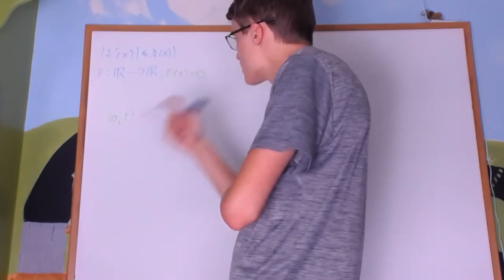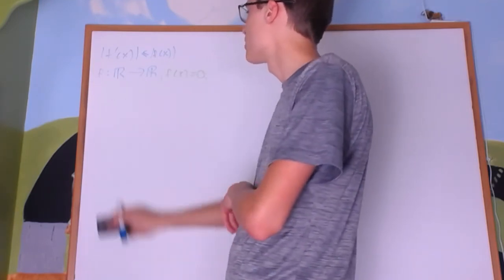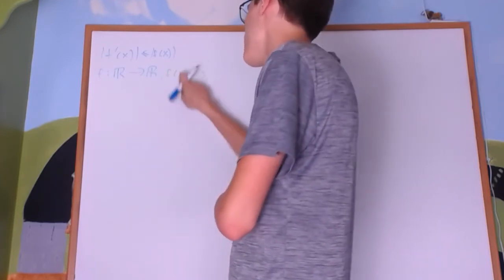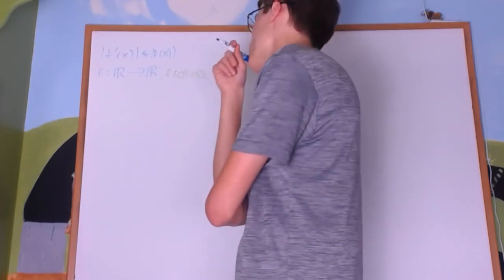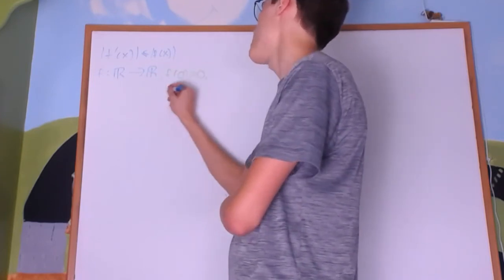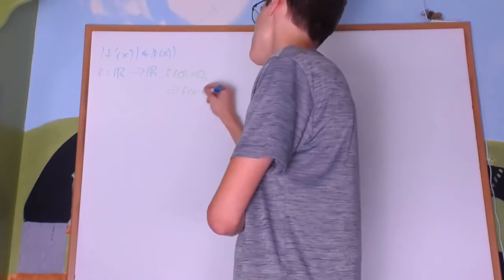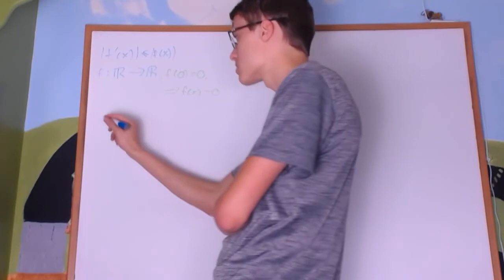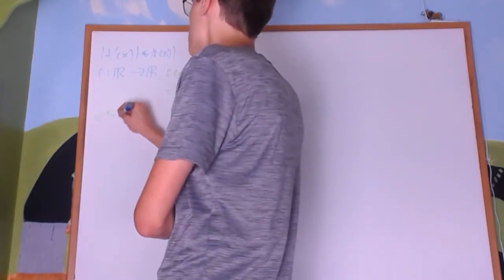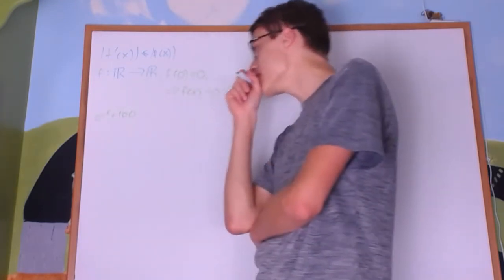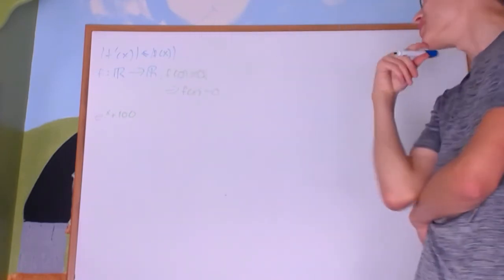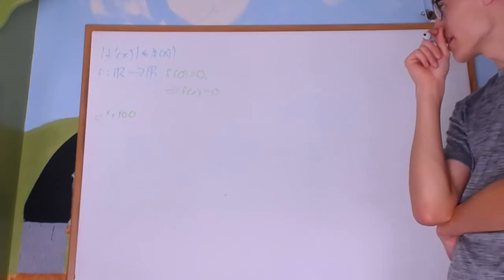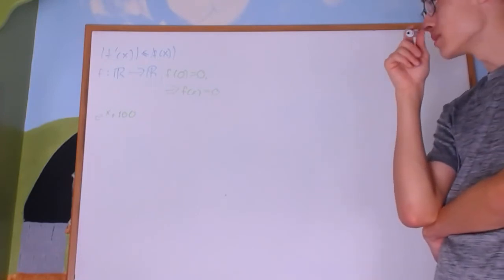So why is it impossible for it unless it's constant? So obviously the f of 0 is 0. That this implies f of x is 0 for all values. So e to the x plus 100 would be an example if we didn't have that condition. Because its derivative is just e to the x, which is objectively less than it.